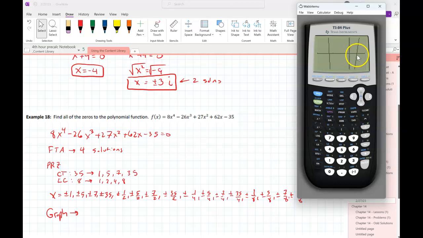What does this 0 appear to be? Well, this is 1 here. Looks like a half, right? Is a half on my list? Yeah, right?